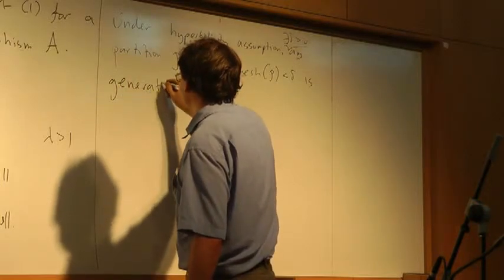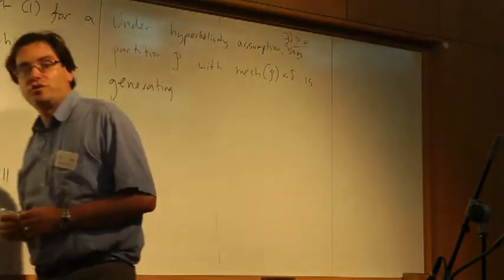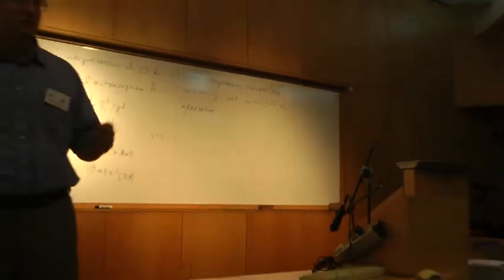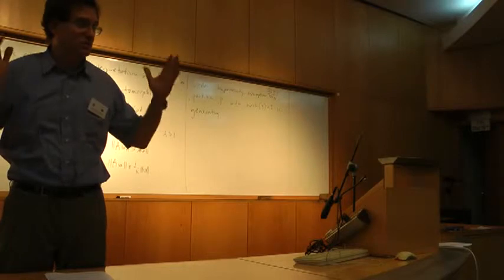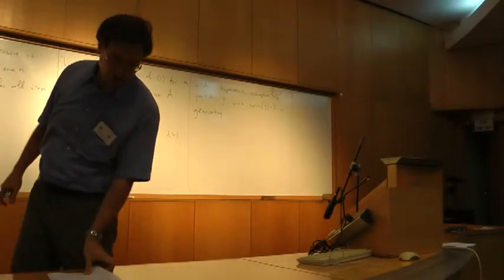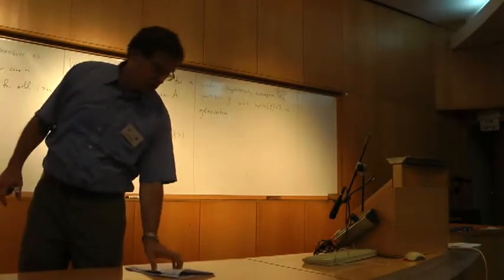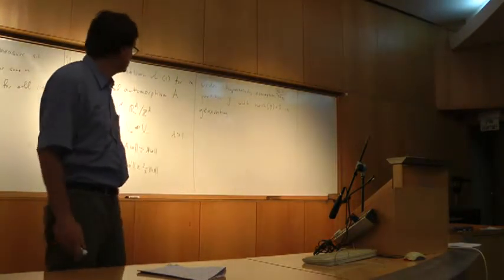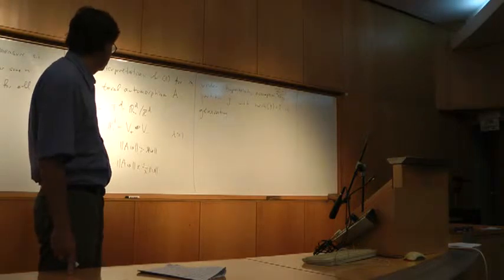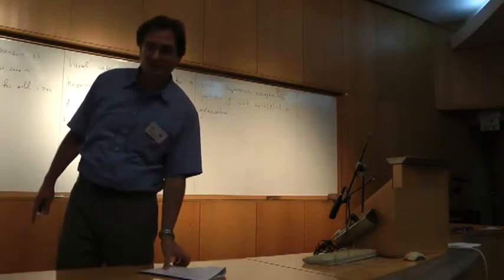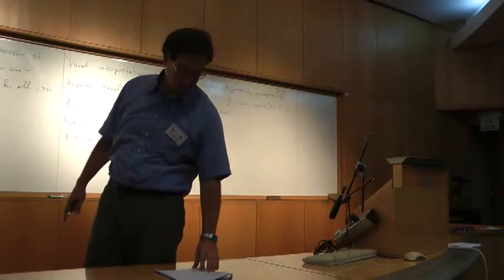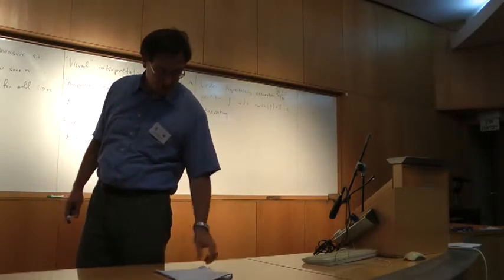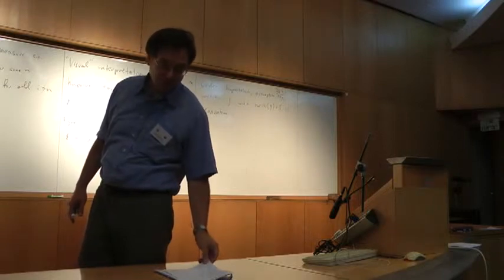Where I remind you, the mesh of a partition is the diameter of the biggest element, the biggest diameter of one element of the partition. Do you really mean the same lambda with the lambda and 1 over lambda? Why not? I'm not claiming it's optimal in any way. Some lambda.